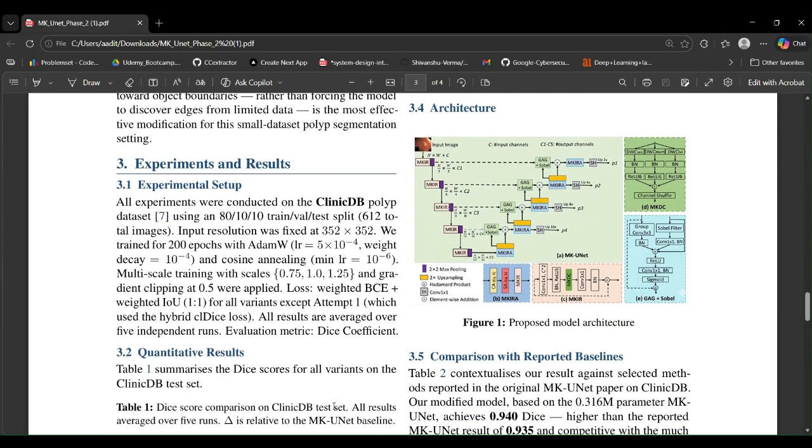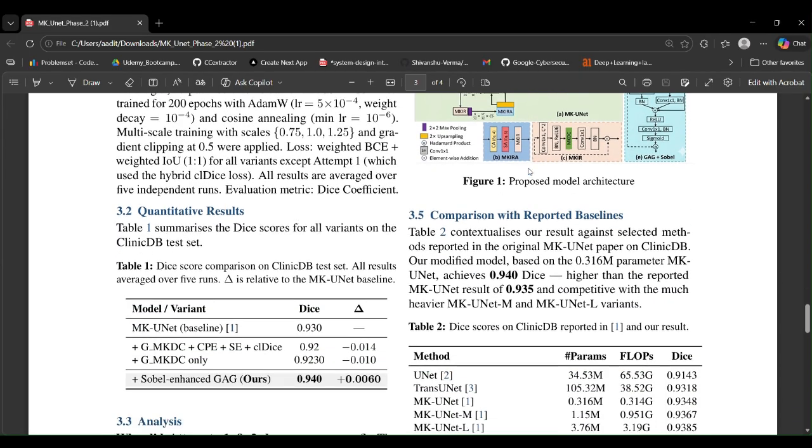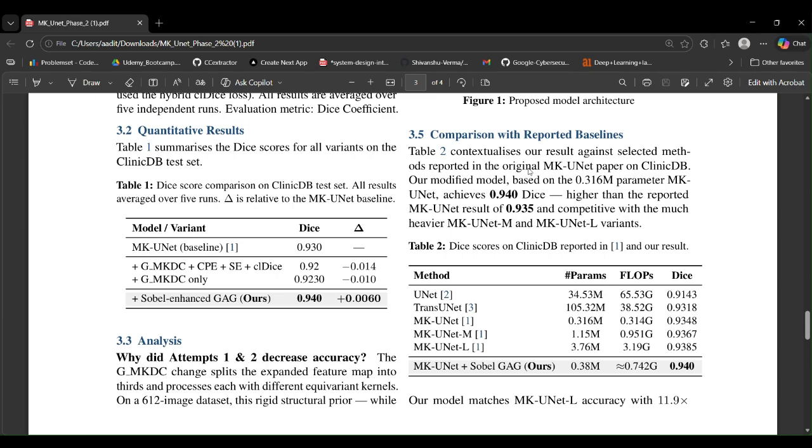Now we have the architecture. You can see the architecture here. We have the MKIR blocks, and then we have the GAG plus Sobel skip connections attached to it. Then we have the comparison with reported baselines.